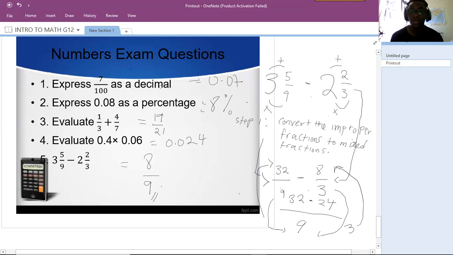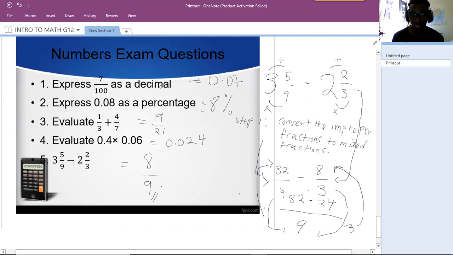We first have to convert this fraction into an improper fraction. How do we do that? We multiply and add. We've got 32 over 9 minus 8 over 3. Now that we have improper fractions, we can solve this fraction. We have the lowest common denominator, which is 9.